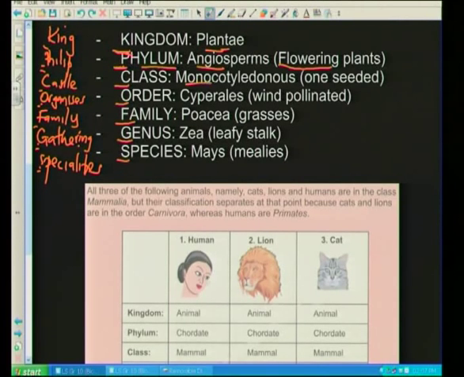It belongs to the class Monocotyledon because it has one seed. The order Cyperales because it's wind pollinated. Poaceae because it's a grass. The genus Zea, because it is a leafy stalk. And it belongs to the species mays because it has kernels or little seeds.